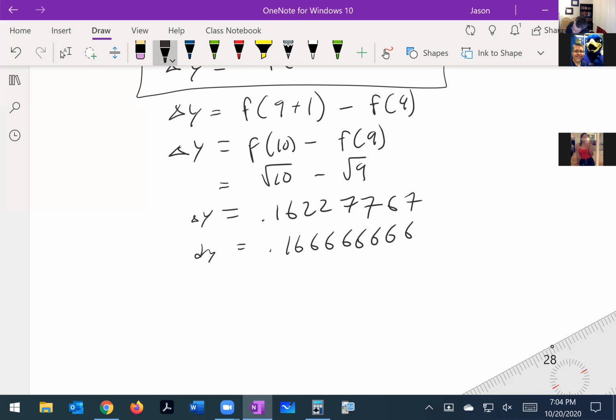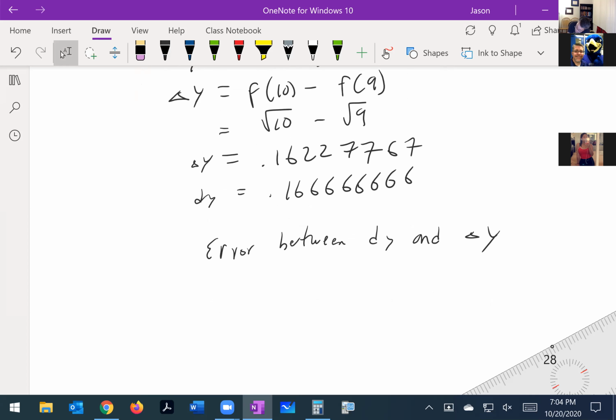And so what's the error between dy and delta y? I'll just subtract the two, and I get the error to be 0.004, and I'll just round it there. So very close. dy and delta y are very close for this function.